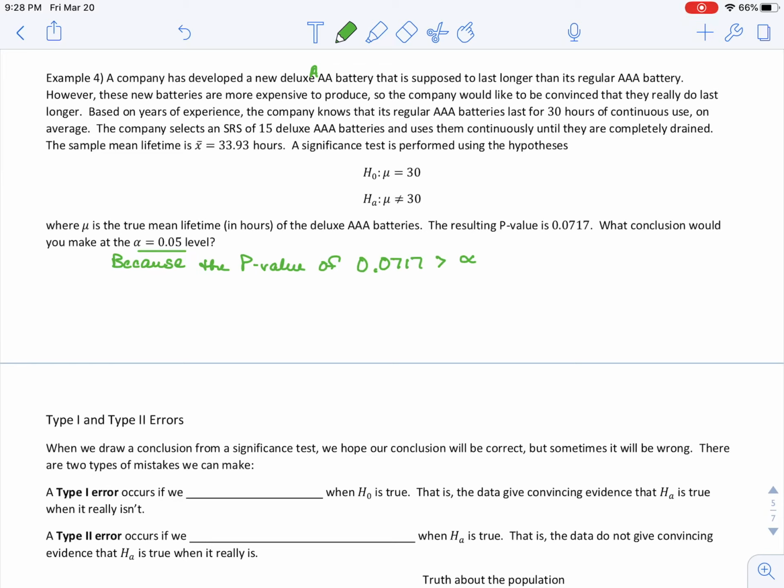It's always chosen before they run the test, before they collect their data. So they chose to be significant at the 0.05 level, but because it's greater than that, we don't have evidence. So I'm going to say we were not able to reject the null like we were trying to. We don't have evidence to support the alternative.